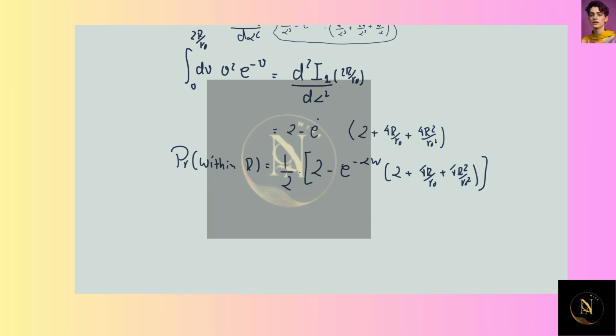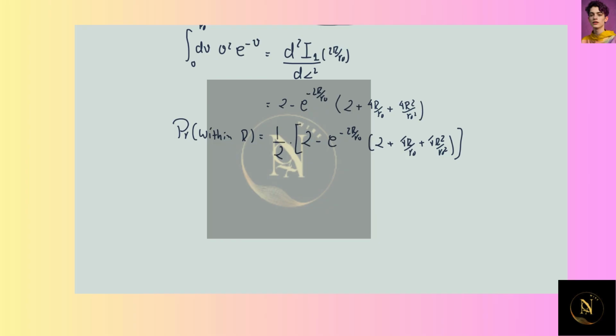So we have minus 2R over R0 here and here. And finally, simplifying a little bit more, we have 1 minus e to the minus 2R over R0 times (1 plus 2R over R0 plus 2R squared over R0 squared), since 2 divided by 2 is 1, 4 by 2 is 2, and 4 by 2 is 2 again. And this is as far as we can go with this question.